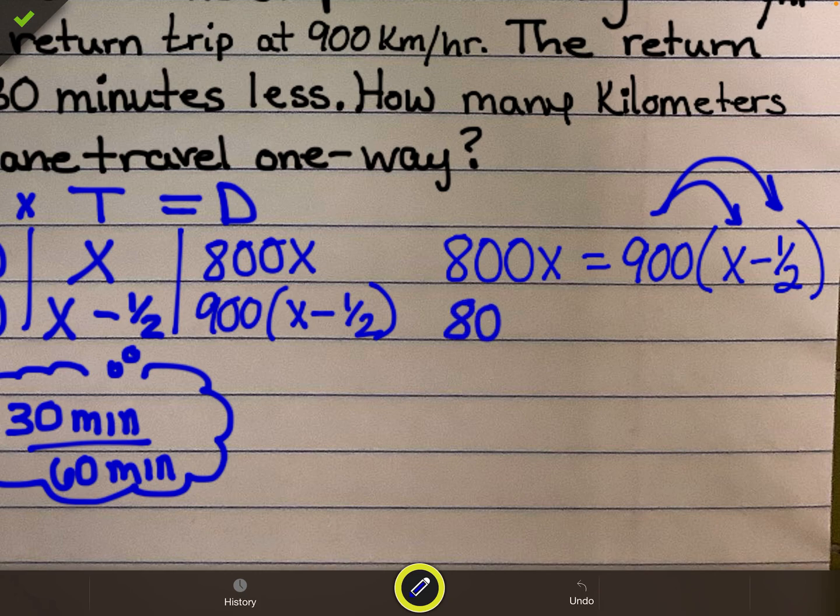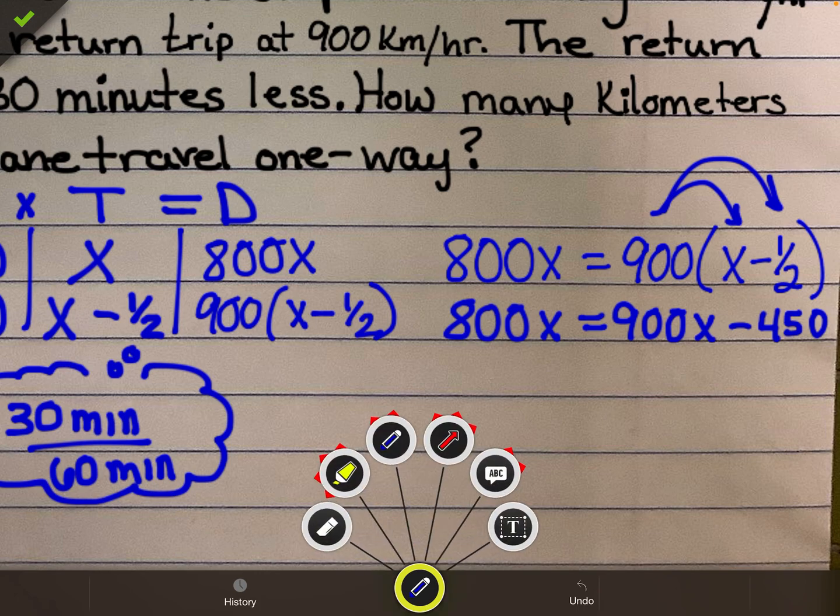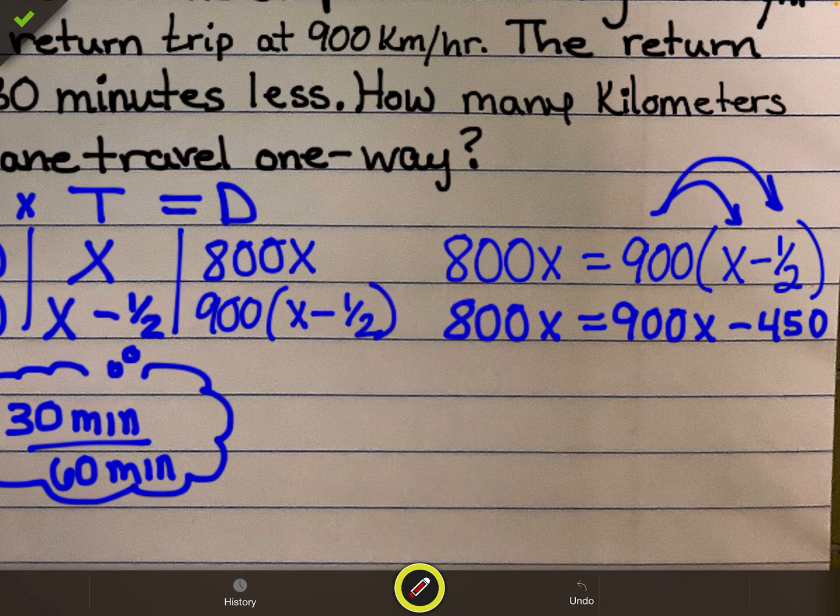So we have 800x equals 900x minus 450. Then from here, I'm going to subtract the 900x from both sides of the equation. When I subtract that from both sides, I get negative 100x equals negative 450.